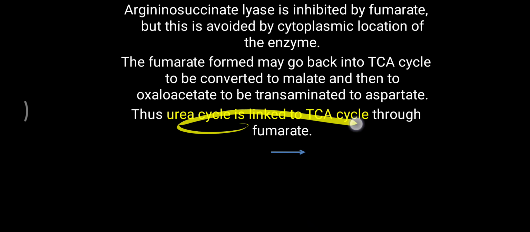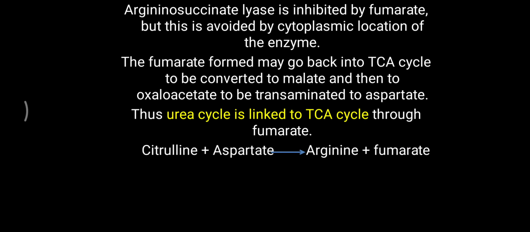The urea cycle and TCA cycle are interconnected with the help of aspartate and fumarate. Here aspartate is mostly generated from fumarate: fumarate to malate, malate to oxaloacetate, and oxaloacetate to aspartate. This aspartate again converts into fumarate with the help of the urea cycle.